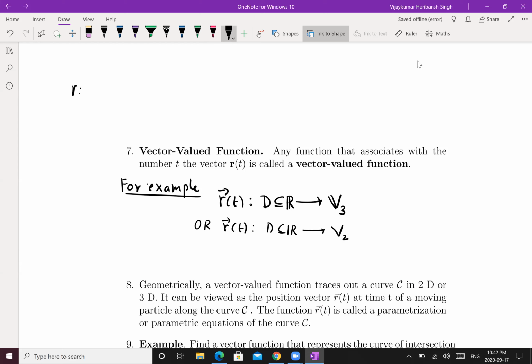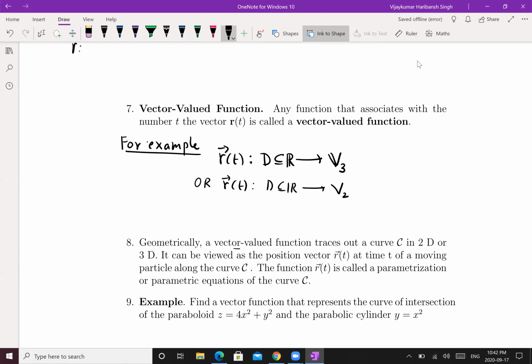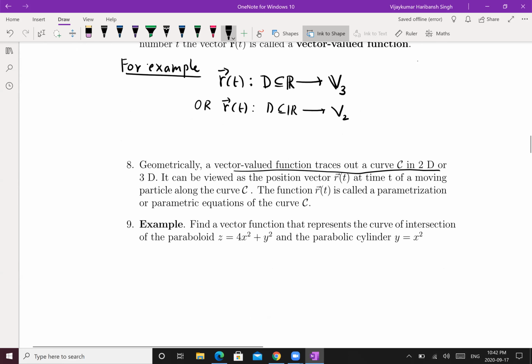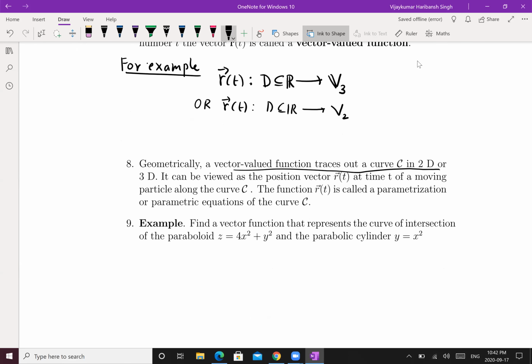So these vector valued functions trace out a curve in 2D or 3D, as long as they are continuous, because our definition of curve requires continuity. Now, it can be viewed as the position vector r(t) at time t of a moving particle along the curve C. The function r of t is also called a parametrization or parametric equation of the curve C.